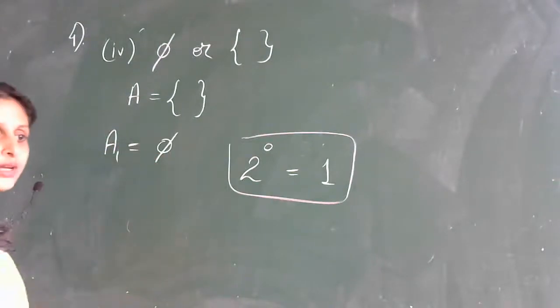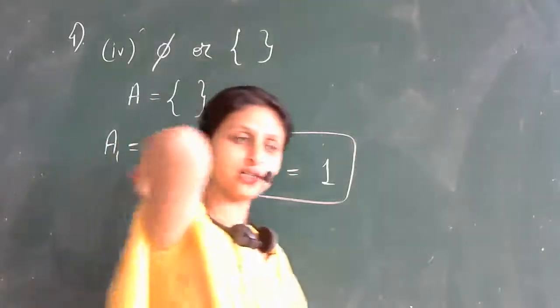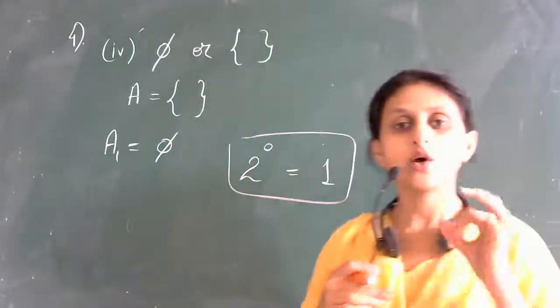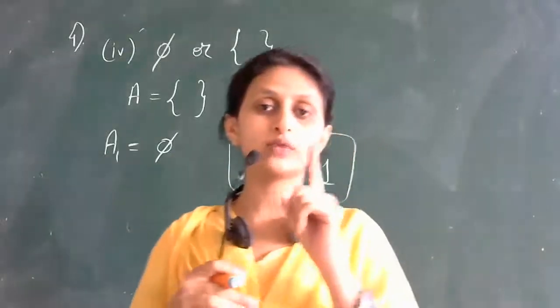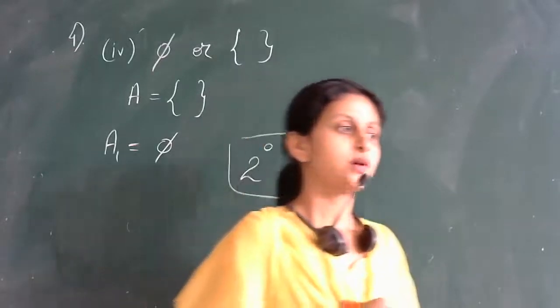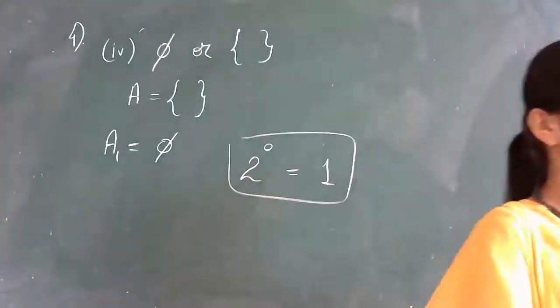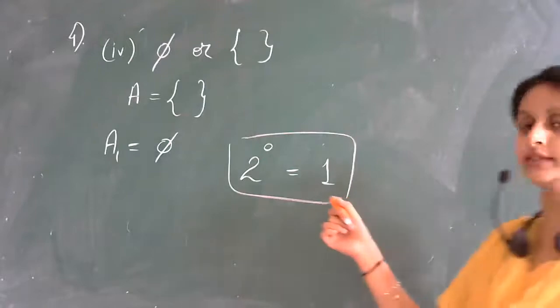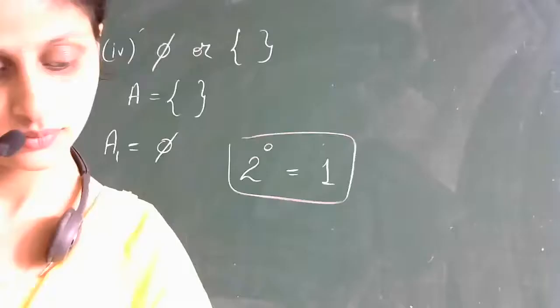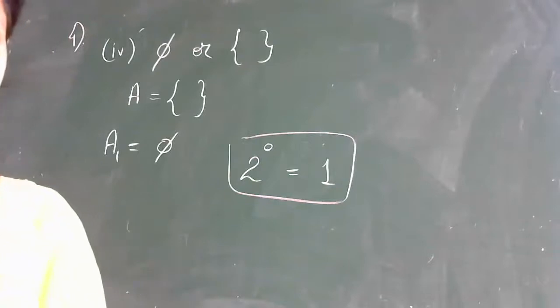That will be the empty set only. So the empty set is the only set which has only one subset. Please remember all these things as results, but do not forget this: anything to the power 0 will always be equal to 1. Is that fine with you all? I hope you are not confused.